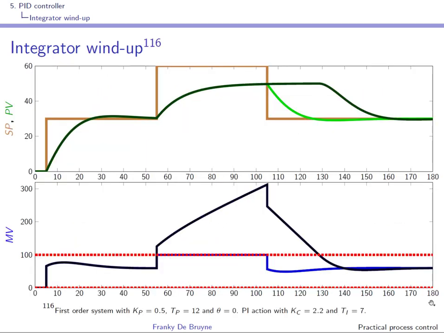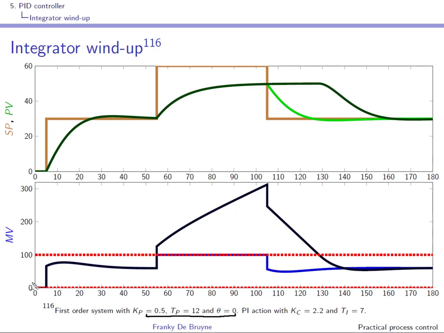Well, let us look at a simulation that is illustrating this integrator wind-up mechanism, and in this case we work with a first order system, right? And you can see here that the input of this first order system is limited between 0 and 100%.